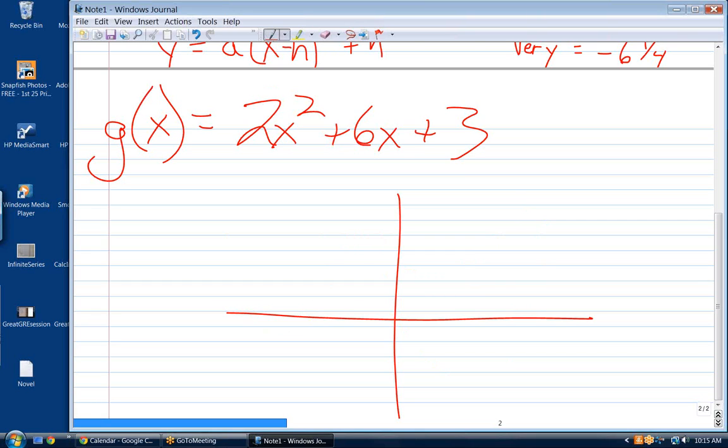So where's that minimum going to occur? At the bottom, at the vertex. So all we need is the vertex and we'll have the minimum. So let's get the vertex x coordinate.